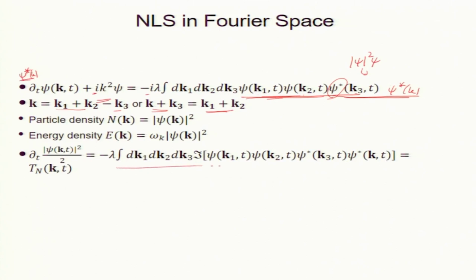So, the right hand side has this quartic term, 4 terms like water waves, and this is the energy particle transfer function. I should not call it energy transfer because it changes the particle density at different wave numbers.